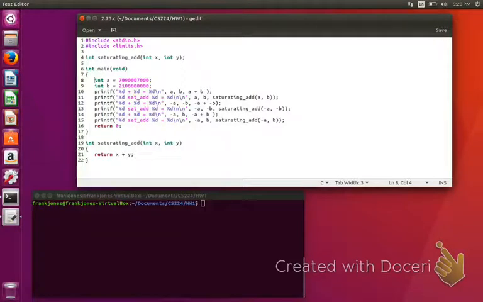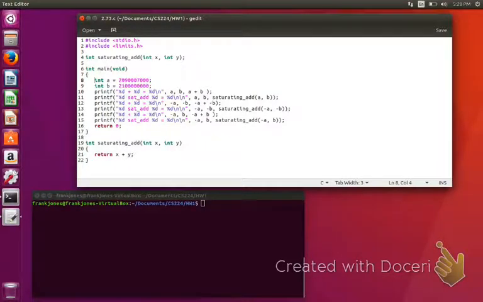You see the prototype on the top, and then in my main function, I'm creating 2 int variables a and b, giving them both rather large integer values, and then I have a series of 6 printf statements, wherein all I'm doing is showing the comparison first of adding 2 values a and b, just using the addition operator, and then comparing that to the results that I get by calling this function saturating add, so I could compare the results.